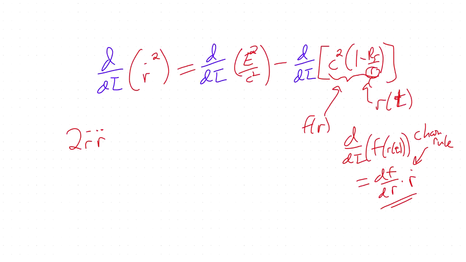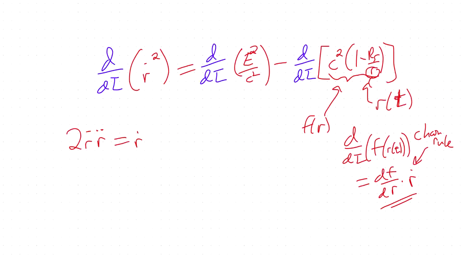So you get 2R dot R double dot equals R dot.